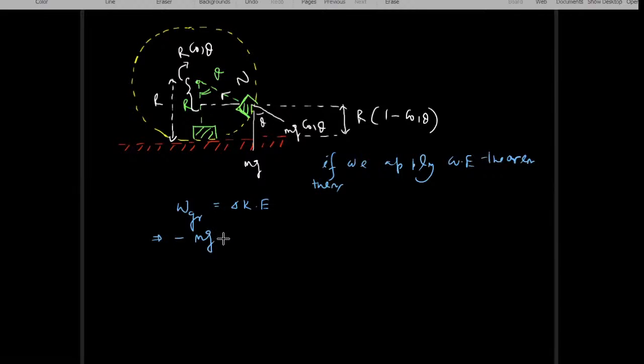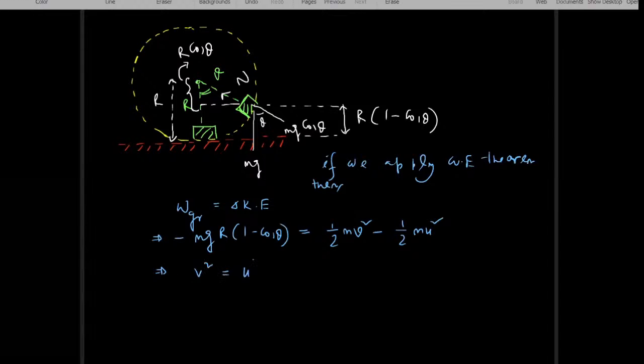So minus mg into r into 1 minus cos theta is equal to half mv square minus half mu square. Let us simplify the result. We will get v square is equal to u square minus 2gr into 1 minus cos theta. It means v square is equal to u square minus 2gr plus 2gr cos theta.